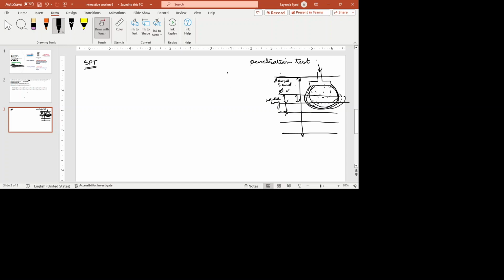Now, there is a standard penetration test, and then there is also the cone penetration test. In the standard penetration test, we take a sampler, which is usually a split spoon sampler, and attach it to drill rods.